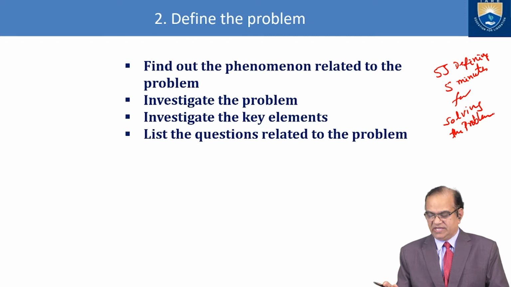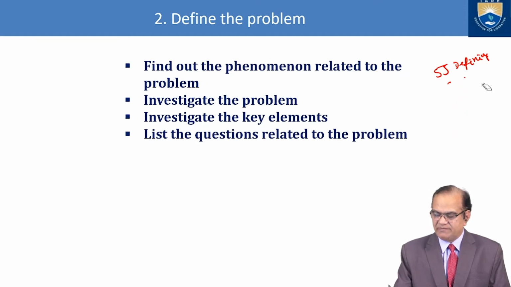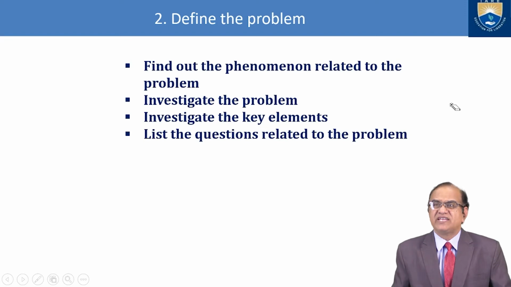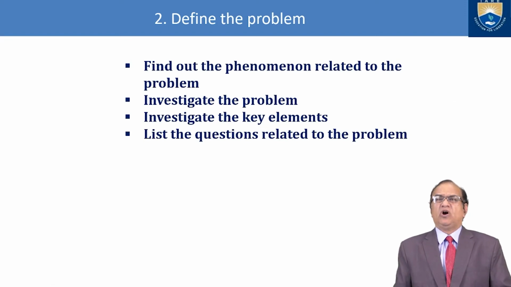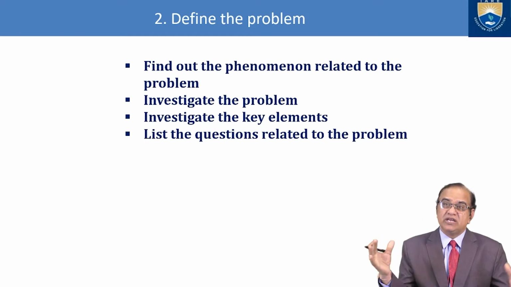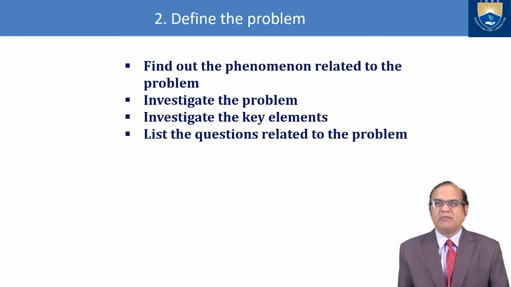So in this way, we have to take a lot of time and we should be very specific in defining the problem. Find out the phenomenon related to the problem. Then the next step is investigate the problem. Investigate the key elements of the problem. You have to find out small elements, then join them and make it a problem.